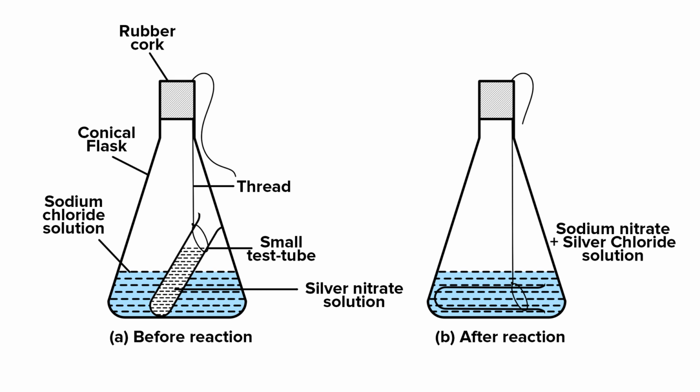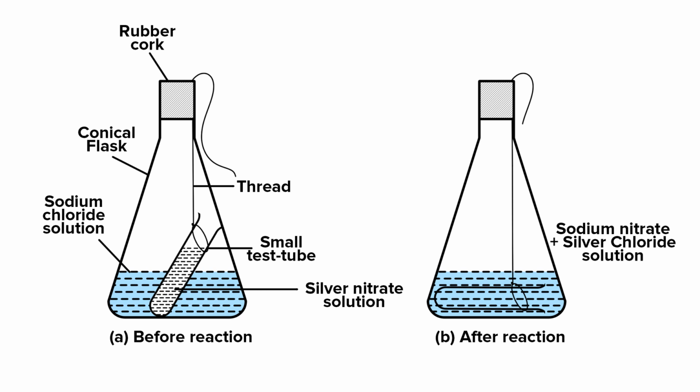One precaution is that the rubber cork should be airtight. And he noted that there is no change in the mass before and after the reaction. He repeated this with a lot of combinations of chemicals, and he got the same result.